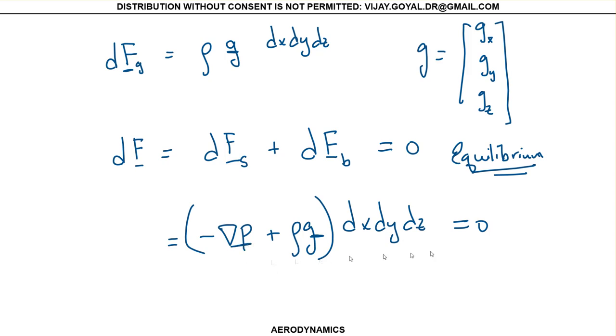So for this to be equal to 0, this cannot be 0. Otherwise, I would not have the small infinitesimal element. That would be a trivial solution, not have the fluid in the first place. Then I would take this equal to 0. So this is the hydrostatic equation that we have been using, that's very, very useful in our problems.